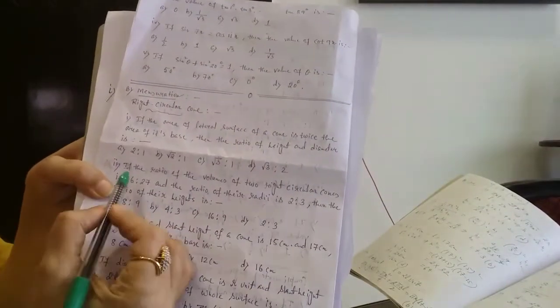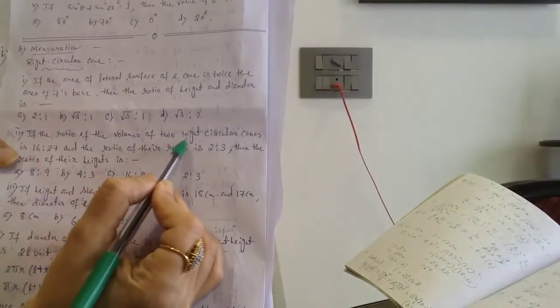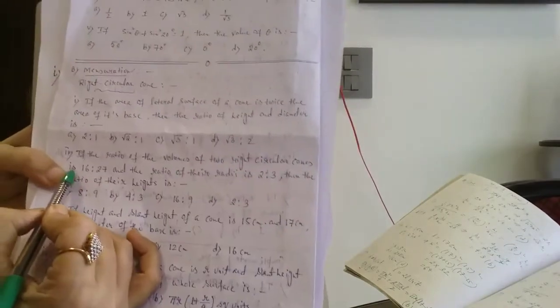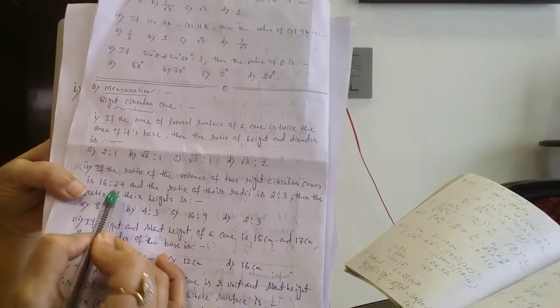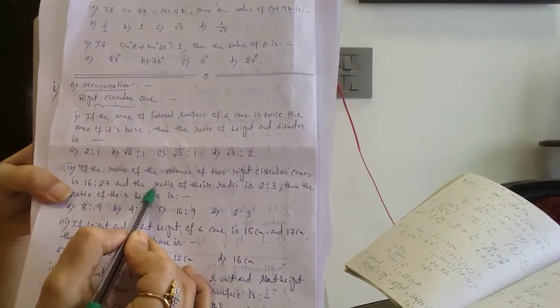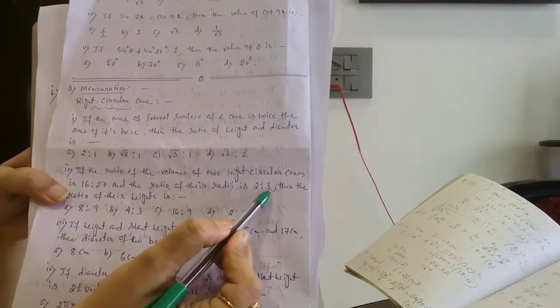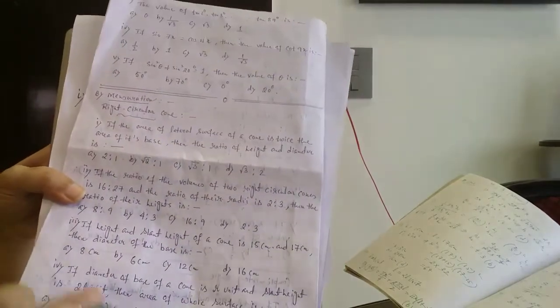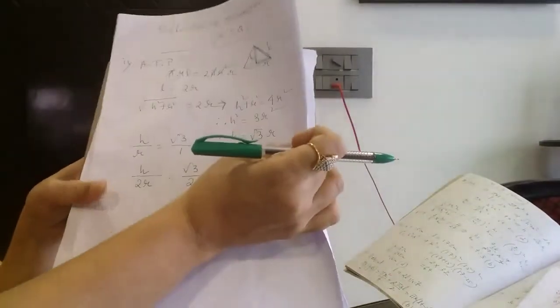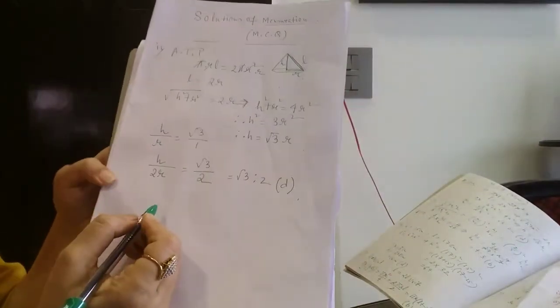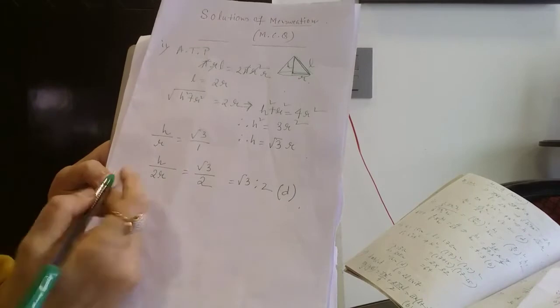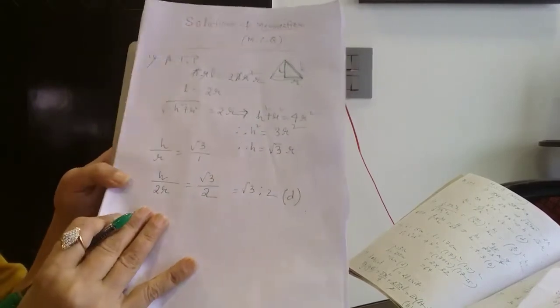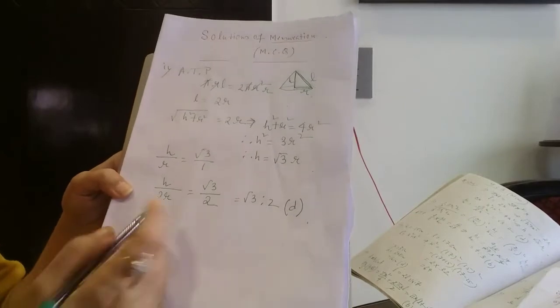If the ratio of the volumes of two right circular cones is 16 is to 27 and the ratio of their radii is 2 is to 3, then you have to calculate the ratio of their heights. Since there are two separate cones, I am taking the radius of one cone R1 and of the other cone R2.